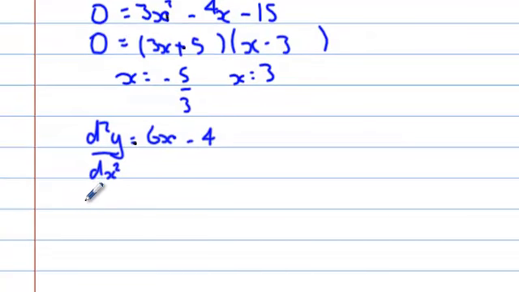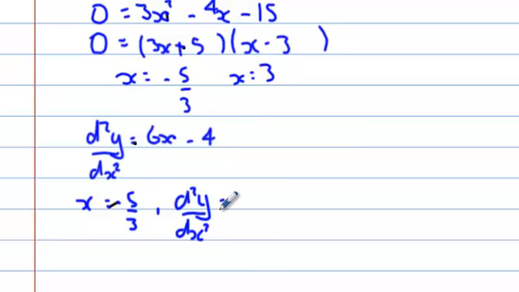So when x is negative 5 over 3, d2y by dx squared will end up being negative. Don't need the actual value. Now negative means the gradient around that stationary point is constantly decreasing. In that case, that means it's a maximum.